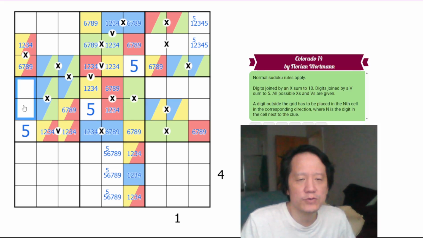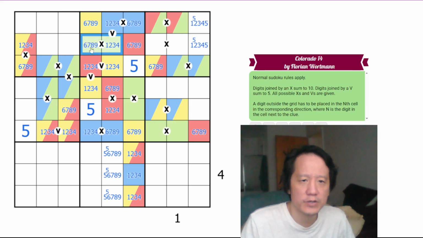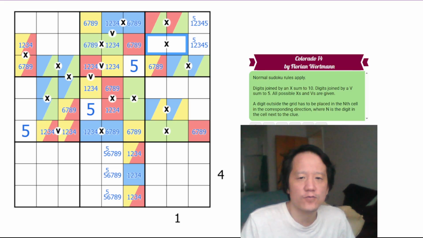One of these is blue or green. The other one is red or yellow, but we're not sure which is which. This cannot be red and it cannot be green because of those digits there. Therefore, this is blue or yellow here. Okay.